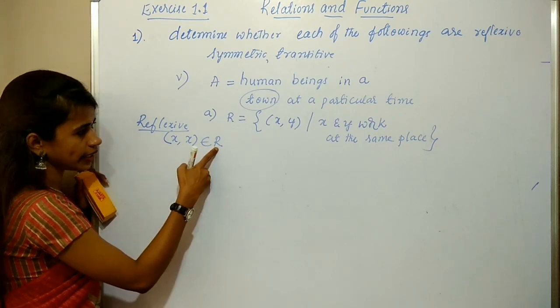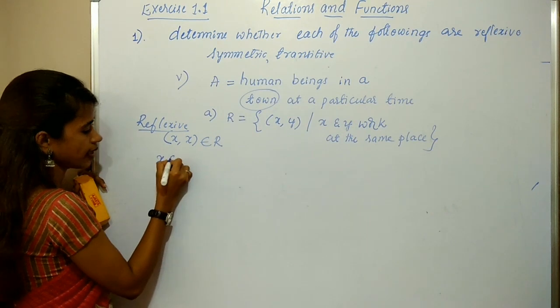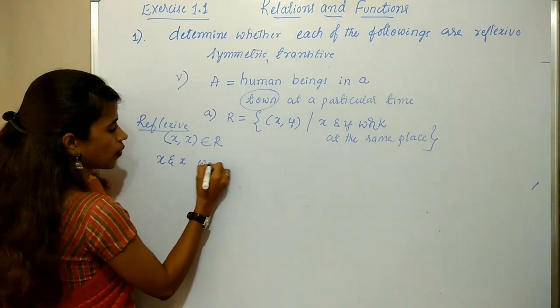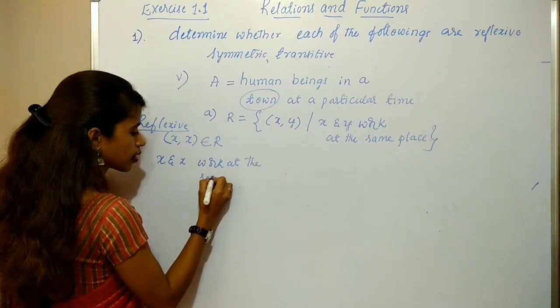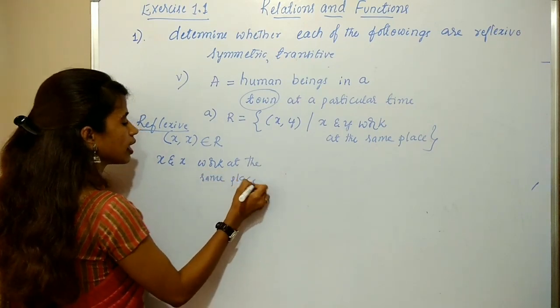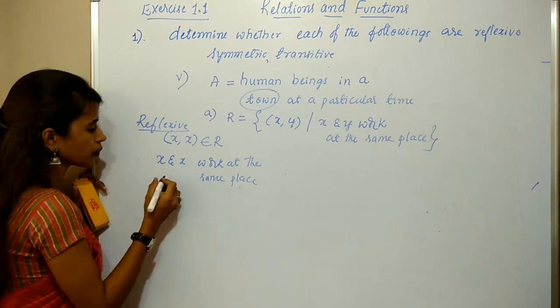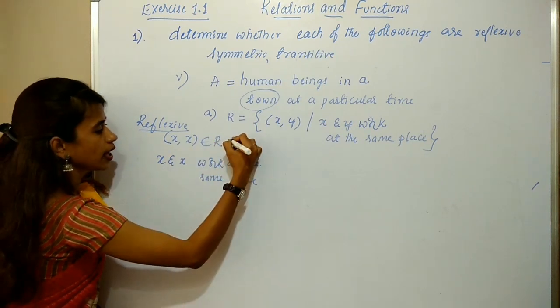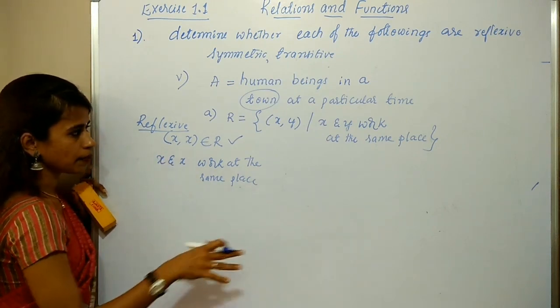What should be the criteria? x and x work at the same place. A single person works at the same place. It is obvious, is it right? So x comma x clearly belongs to R. That is, he can work in the same place.